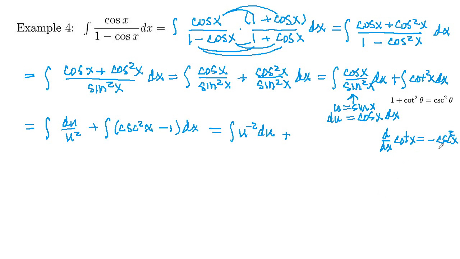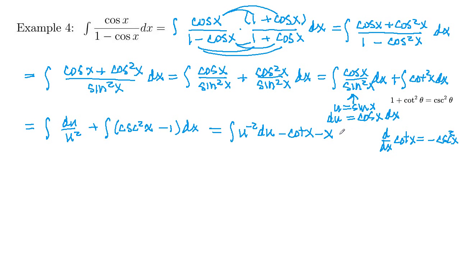So that means if we do antiderivative of negative cosecant squared, we'll get back to cotangent. Well, we've got positive cosecant squared, so we'll get a negative cotangent. So instead of a plus here, this will be minus cotangent x. And then antiderivative of 1, x.